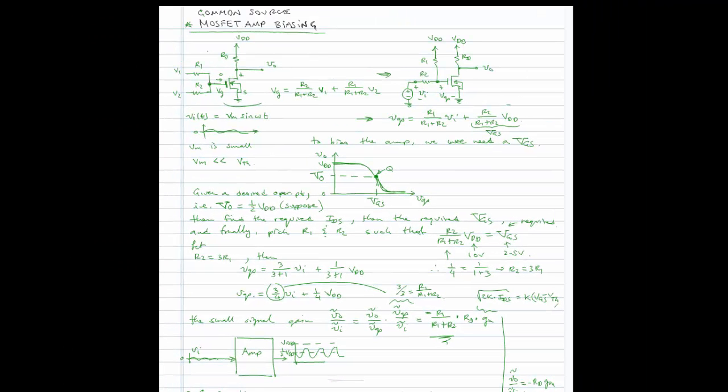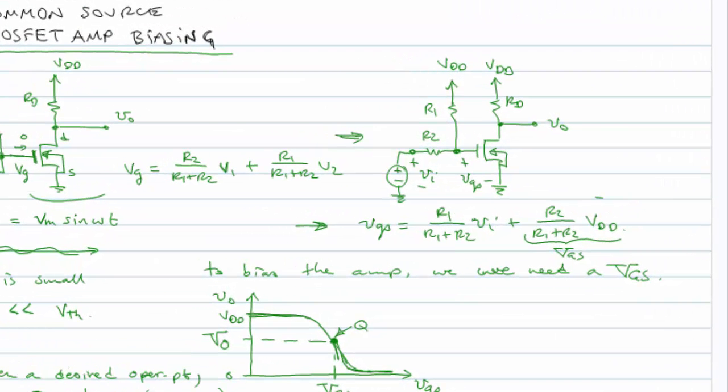And I did not have to supply the bias voltage to the gate from my input signal. It was provided internally using this set of resistors R1 and R2 and tying R1 up to VDD.